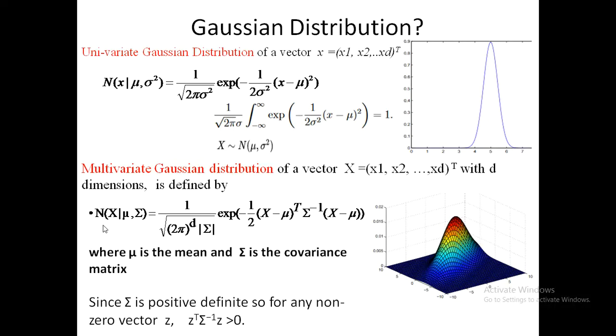The probability density function equation here has sigma replaced by the covariance matrix, and x minus mu square is replaced by x minus mu transpose times x minus mu, that is, in matrix form.